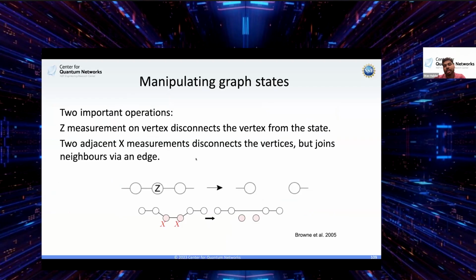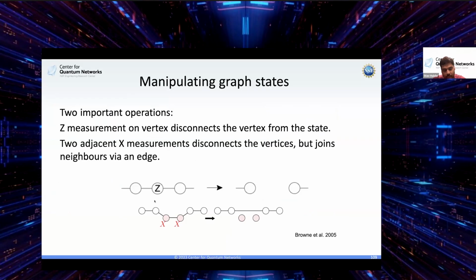Now that we have those graph states, it's also important to know how to manipulate them. Of course, there are many ways to do that. The two most relevant rules I'll just point out. One of them is that if you take a graph state and do a Z basis measurement on one of the qubits or one of the vertices, then that essentially disconnects that vertex from the graph. So you go from here to here.